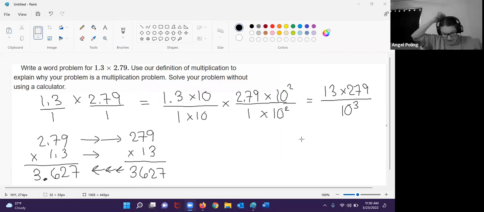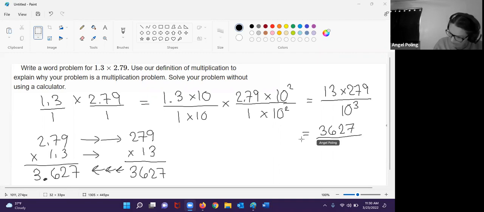3.627. Now, in our improper fraction algorithm, we have a numerator of 3627. And we will be dividing by 10 to the power 3, which is 1000, getting us the exact result of 3.627.